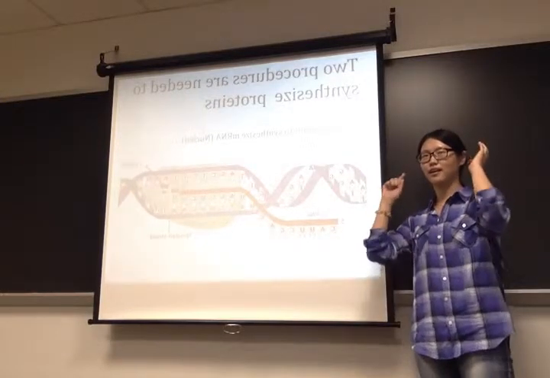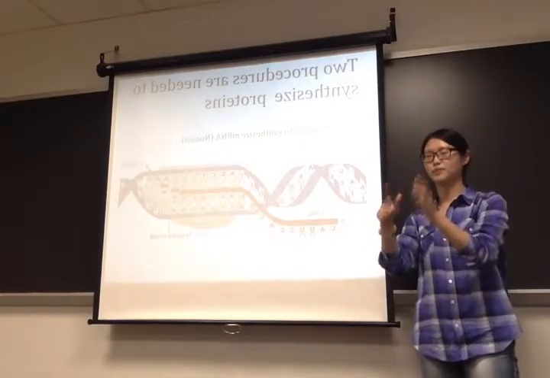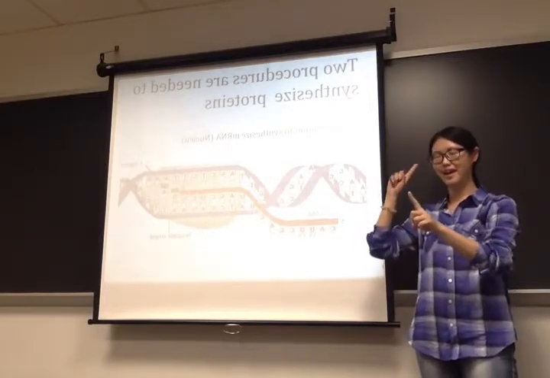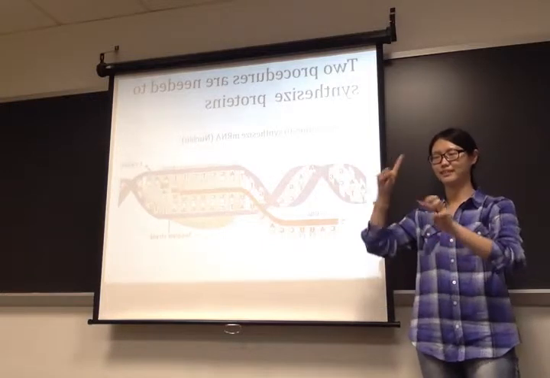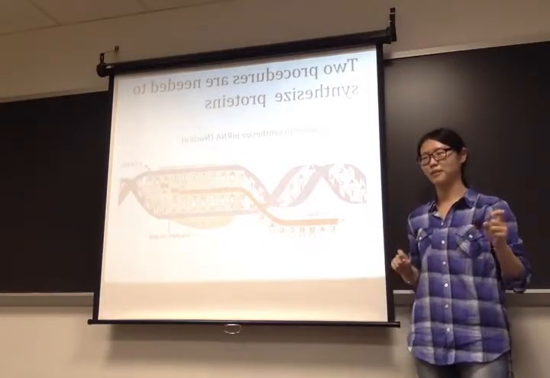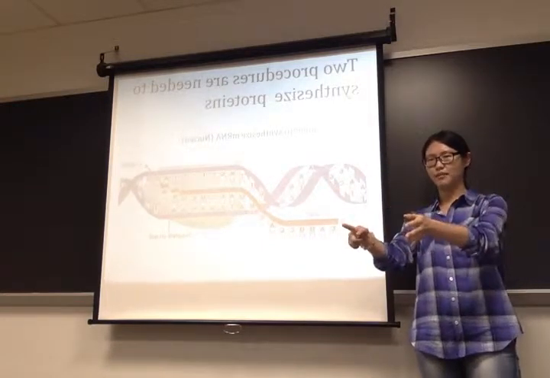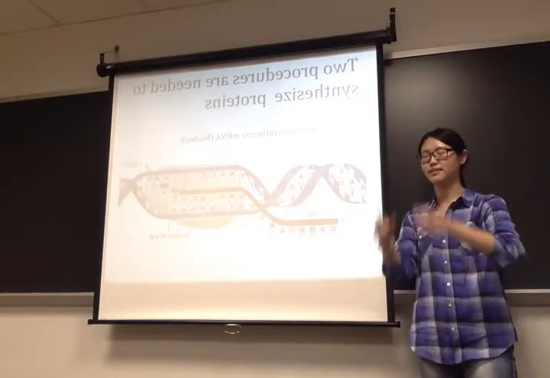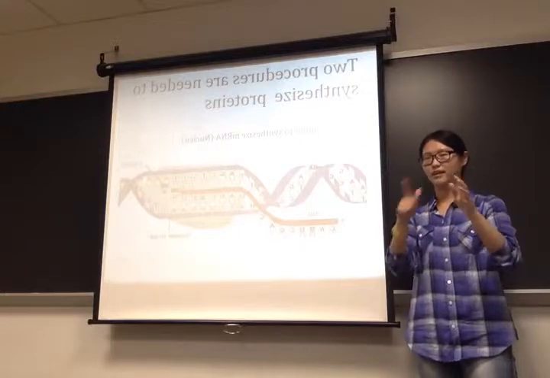I mean, the first amino acid could be amino acid A, amino acid B, or amino acid C. We have 20 amino acids. So the first amino acid can be any of the 20 amino acids, and the second also has this choice.